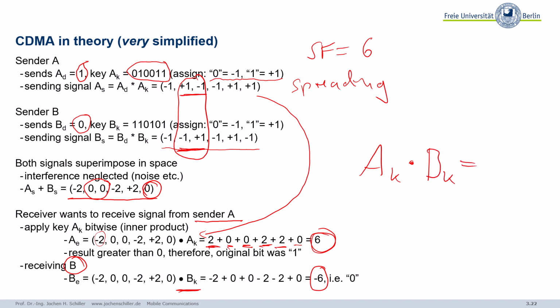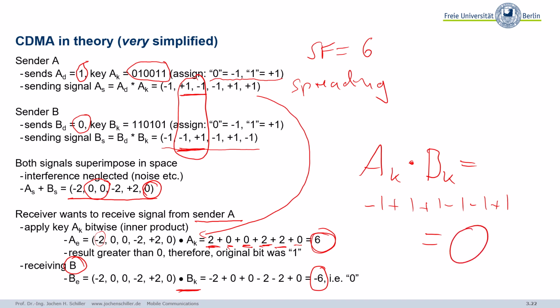Well, again, the key 0 equals -1. So -1 times +1 is -1, and then we have... +1 times +1 is +1, then -1 times -1 is +1, then -1 times +1 is -1, and then again +1 times -1 is -1, and +1 times +1 equals +1, which sums up to 0.